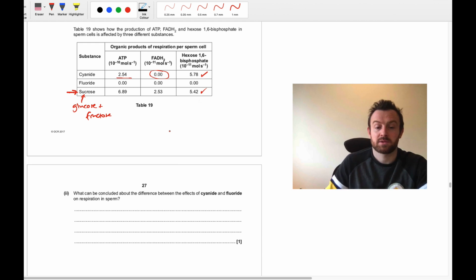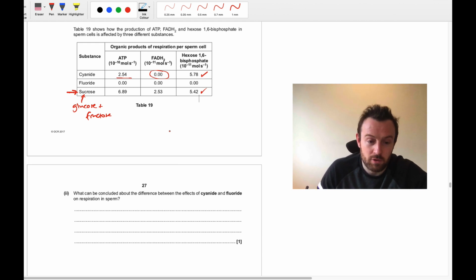What can be concluded about the difference between effects of cyanide and fluoride on respiration in sperm? Okay, so this is pretty simple.